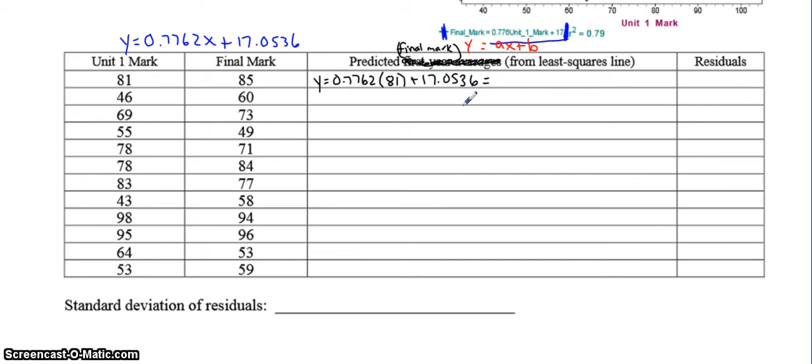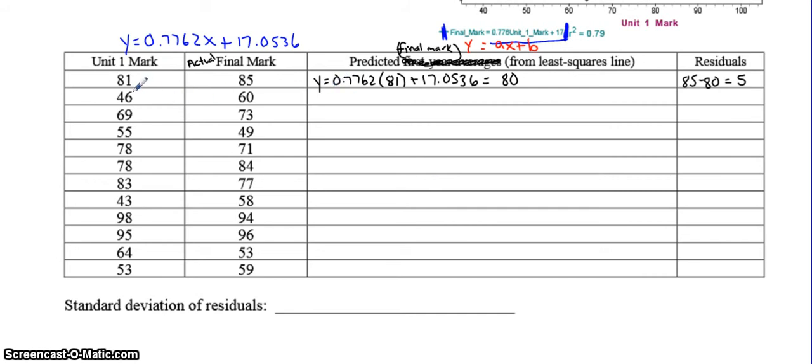So if they used the line of best fit, they would have found that this person's final mark should have been 80. That would have been the predicted y value. But the person's actual y value was 85. So the residual is the actual mark minus the predicted mark. So the residual is 5.